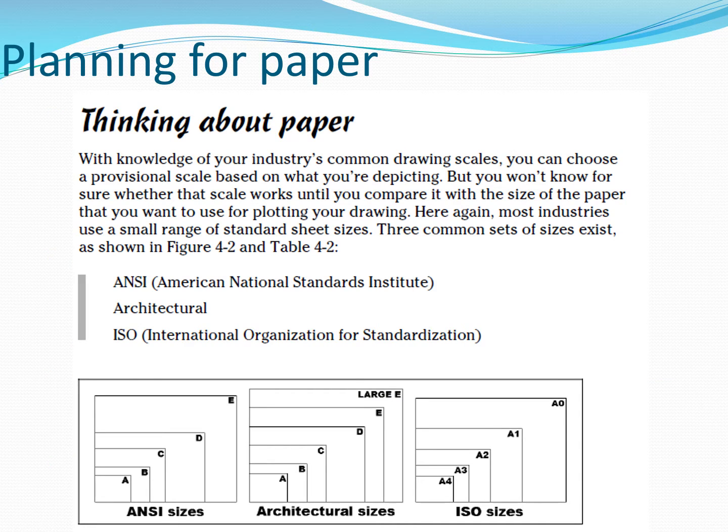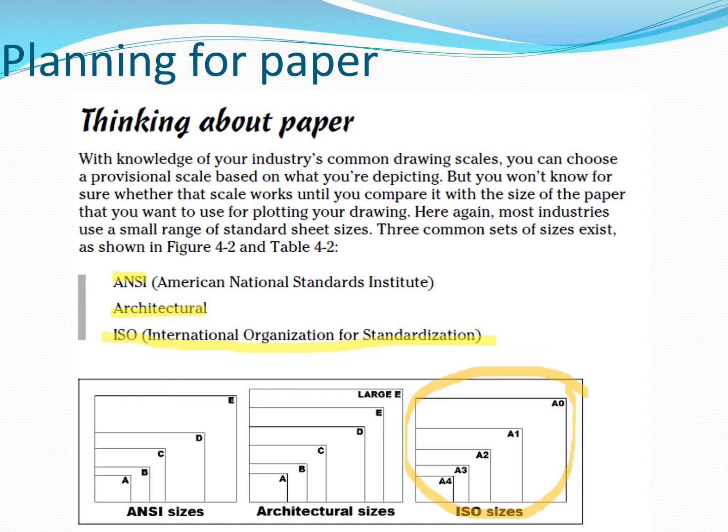Okay, so thinking about the paper, there are three types of format used for AutoCAD. First is ANSI, American National Standards Institute, Architectural, and ISO, International Organization for Standardization. In our lectures, we only use ISO size.